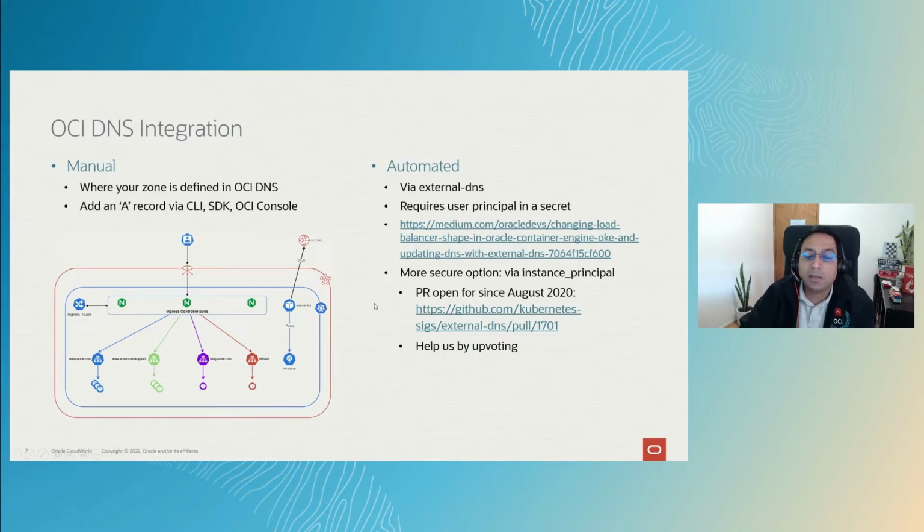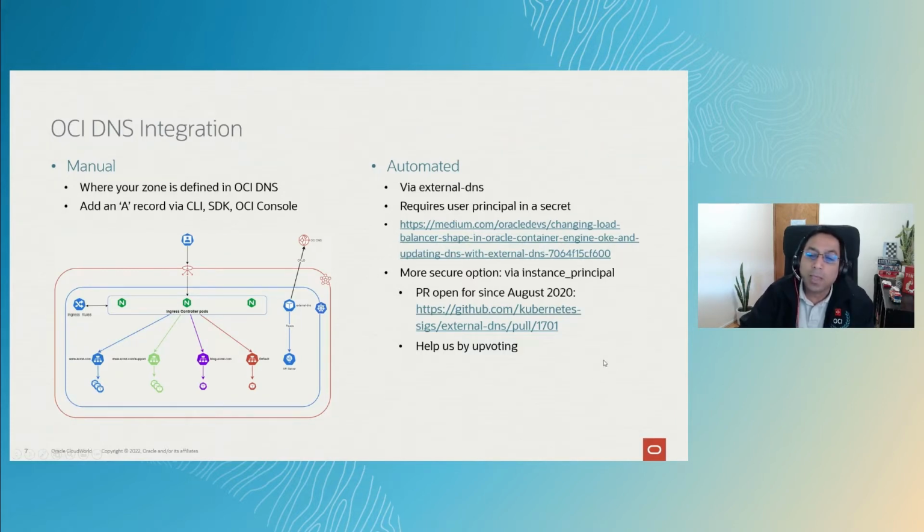In this case, it's updating OCI DNS. The advantage of using instance principal is that it does not require you to configure your API keys in a secret, and you don't need to put the keys anywhere for that matter.